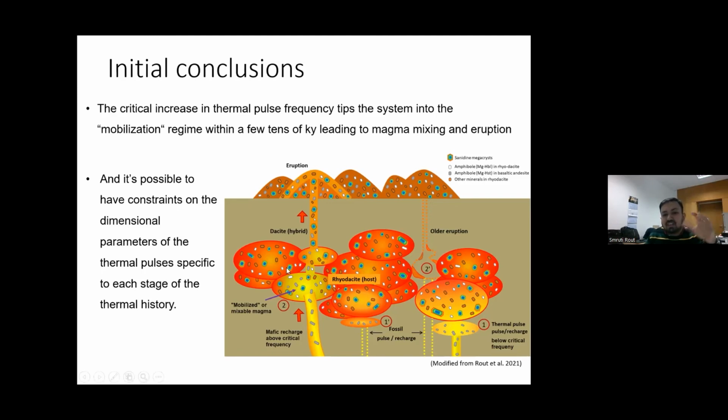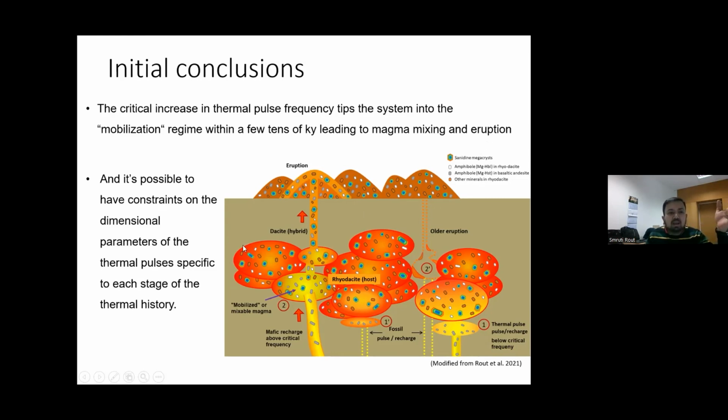That means the mixing between the resident and the incoming magma, which was so far acting only as a thermal pulse, and then that may lead to an ultimate eruption.